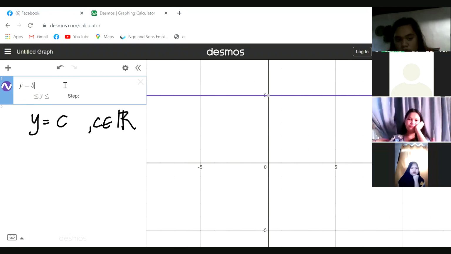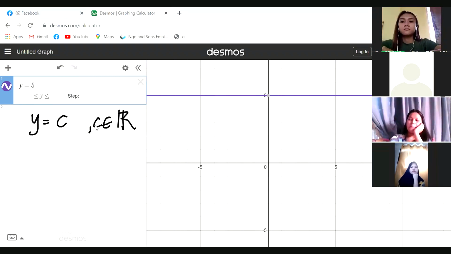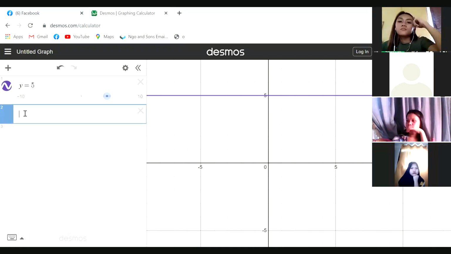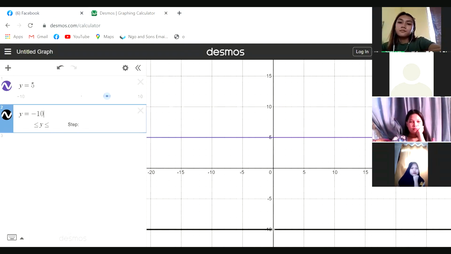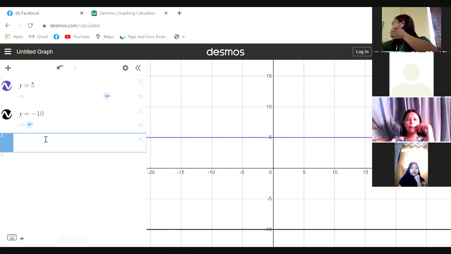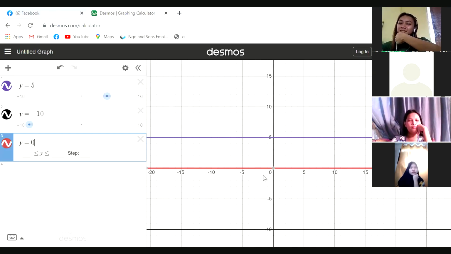If you try another function, say y equal to the negative of 10, it is still a horizontal line, but here your y is equal to negative 10. The same thing with your x-axis. The x-axis is also a constant function because it is given by y equal to 0, and that is in red.